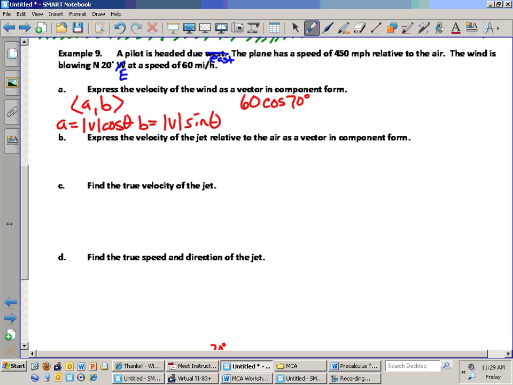And then I will have 60 sine of 70 degrees, because we're talking about the wind right now. We'll do the jet in a second. So 60 cosine of 70 and 60 sine of 70. What do you get for 60 cosine of 70? You get 20.52.